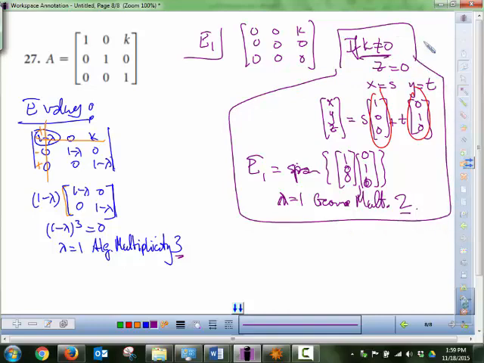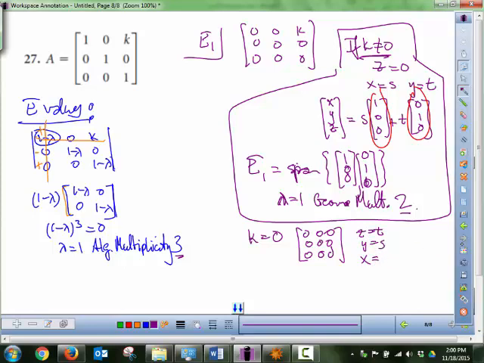So if k was equal to 0, then you essentially have a zero matrix, which then would allow you to have 3 free variables. So z is a free variable, y is a free variable, and x is a free variable.